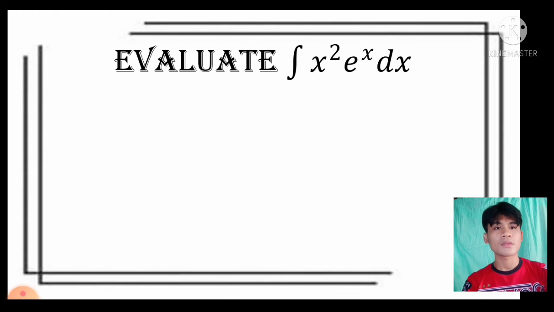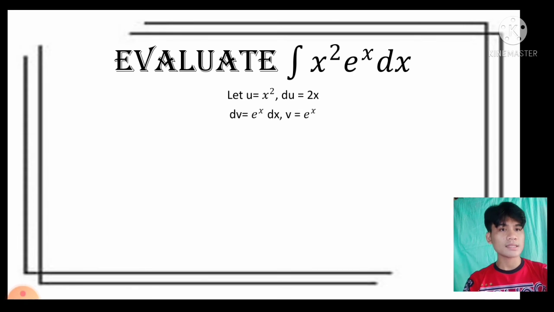Next, evaluate the integral of x squared e^x dx. We let u be x squared and du is 2x dx. We let dv be e^x dx and v is e^x. Remember our IBP formula, which is the integral of u dv is equal to uv minus the integral of v du.